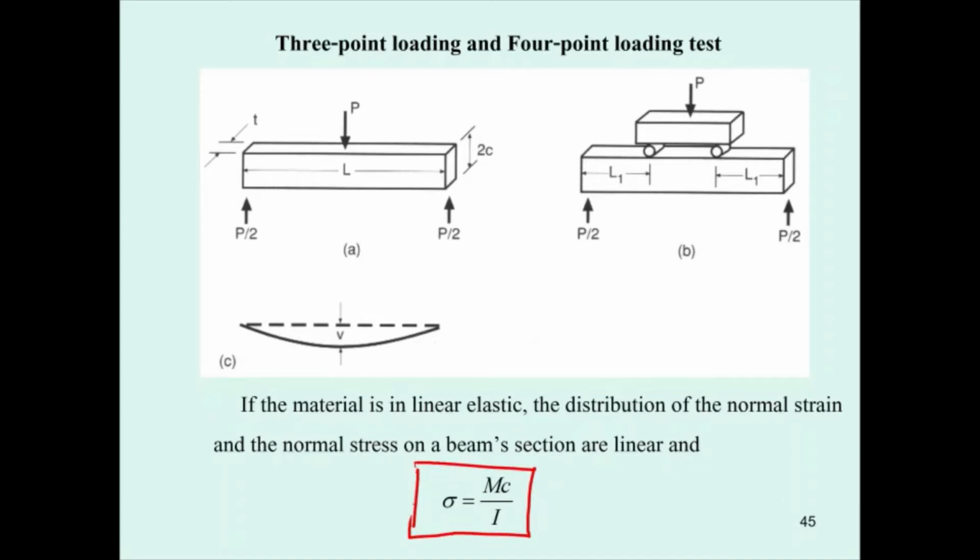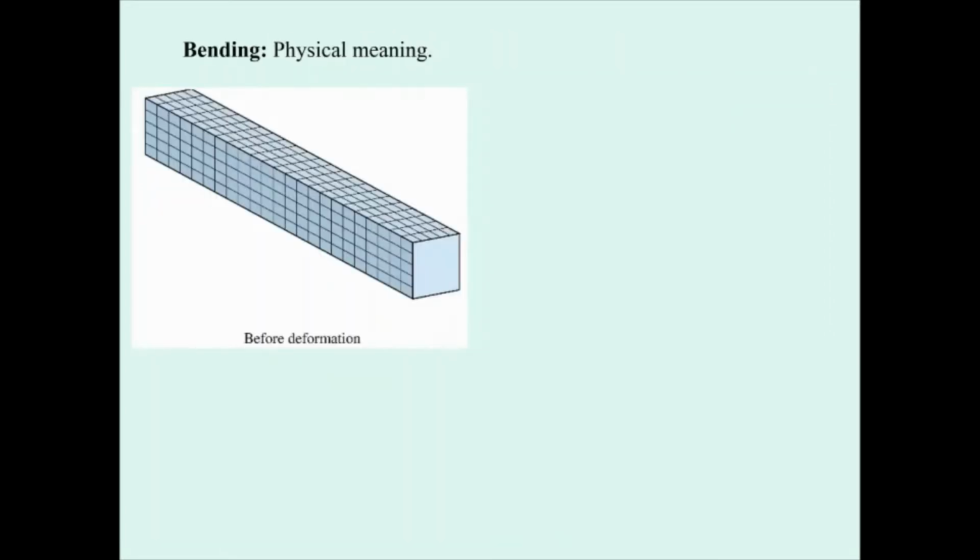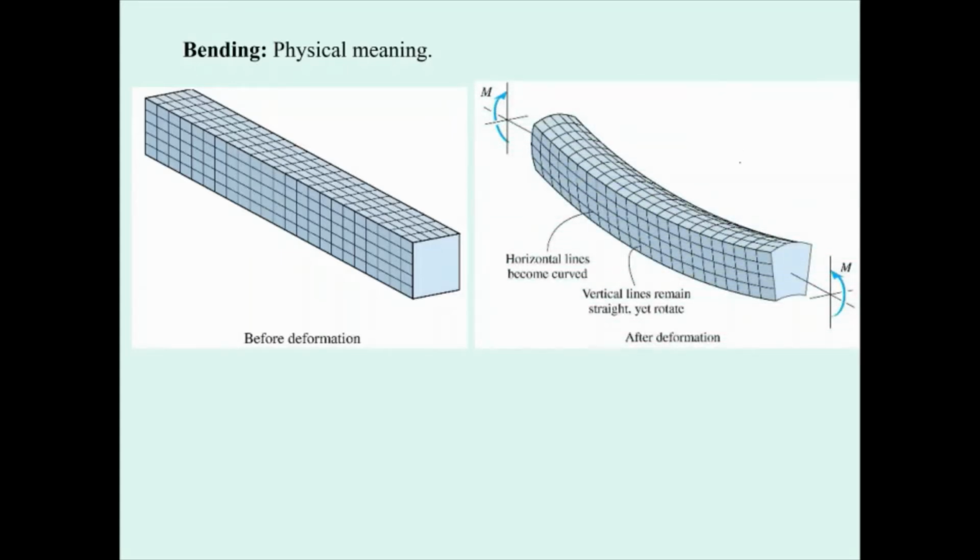It's only used in the linear elastic range. When you bend the specimen, the upper part is going to be in compression, the lower part in tension. If you design a reinforced concrete beam, most of the time you put the steel in this tension part to take care of the tension in the beam.